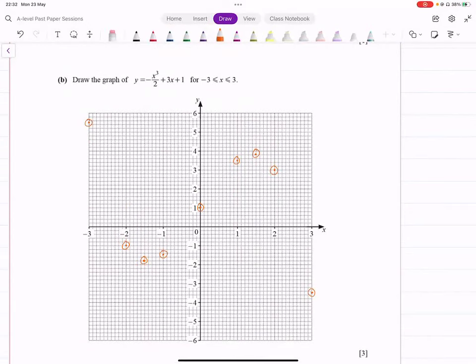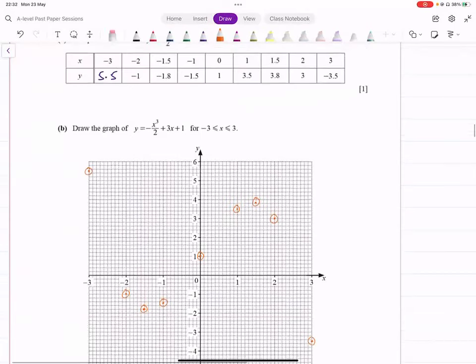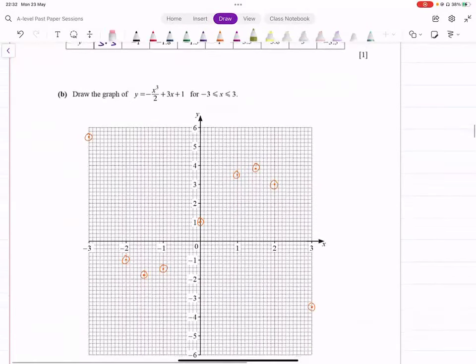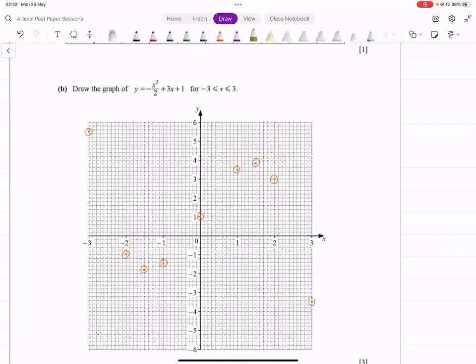And then you have to join these points using a smooth curve. Straight lines se nahi join karna. You've got to make a curve. Let's try that. Okay, so what do we get? ये आपको pencil से draw करनी है, so that if you end up getting something wrong, you can erase it. अपनी curve को आप ठीक कर सकें.